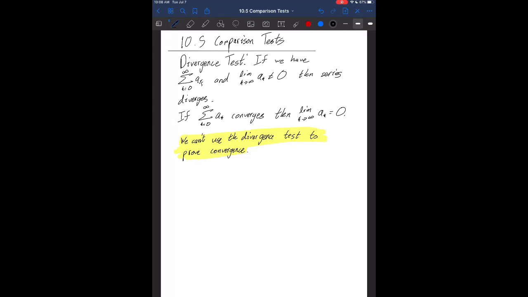So if we have this limit as k goes to infinity of a_k equaling 0, it is possible that the series we have converges, and it's also possible that the series diverges. The test is inconclusive. The only time we actually get information out of this test is in the case where we have this limit not being 0, and so we know that it does diverge.